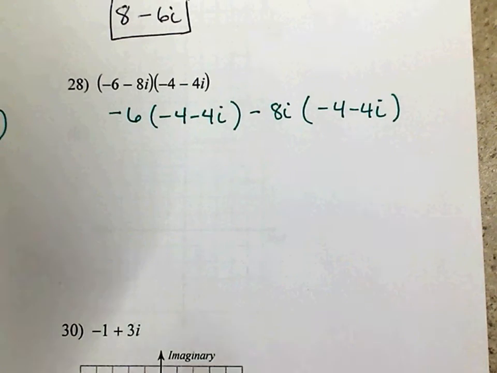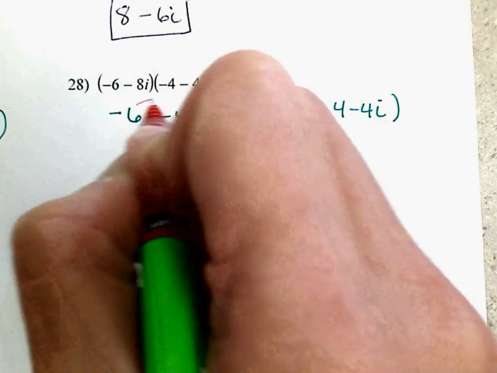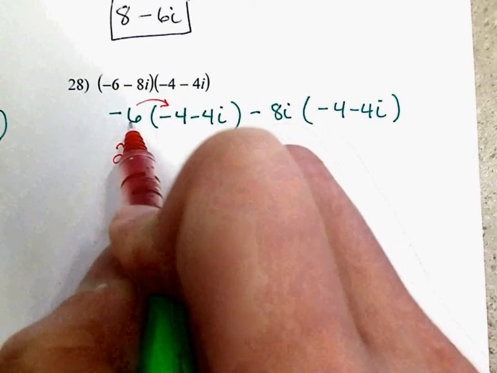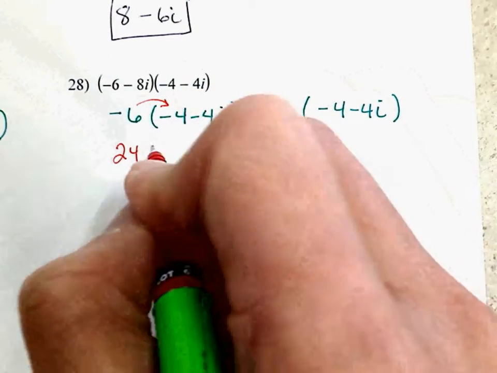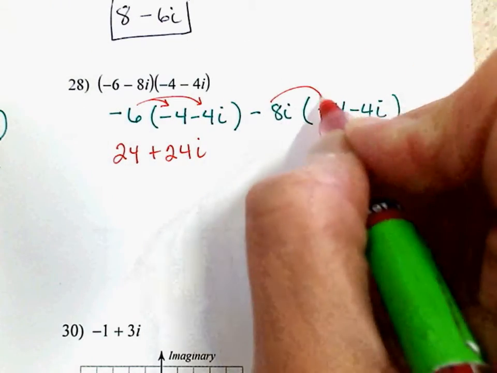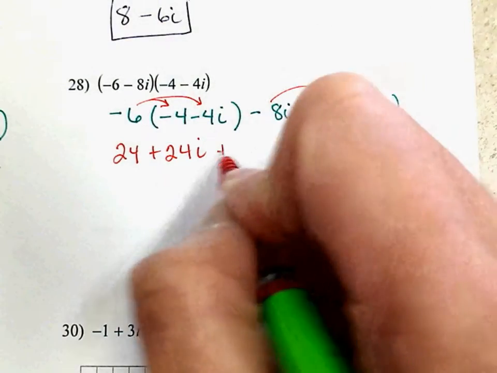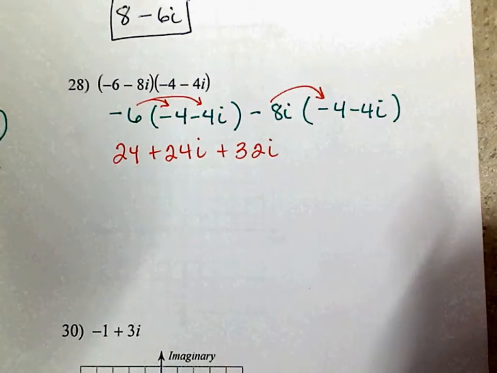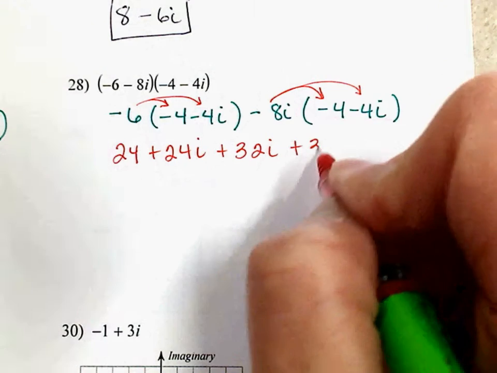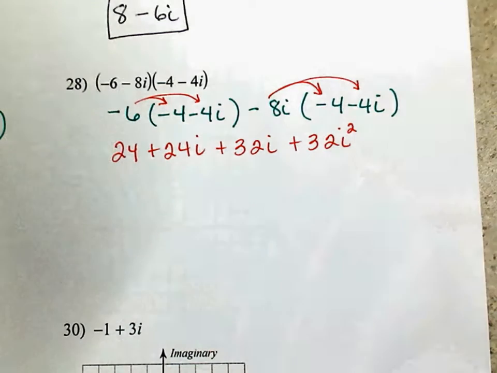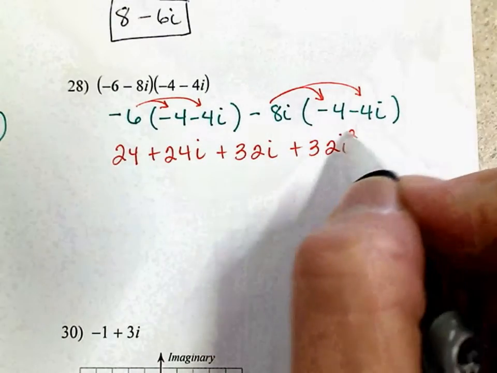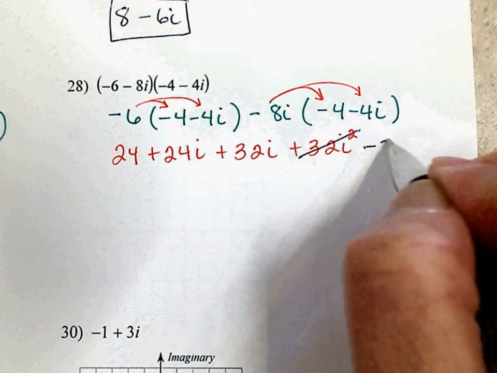Multiply, distribute. So negative times negative is positive 24. Negative 6 times negative 4i is positive 24i. Negative 8i times negative 4 is positive 32i. Negative 8i times negative 4i is positive 32i squared. Alrighty, let's take care of it. We make this what number? Negative 32.